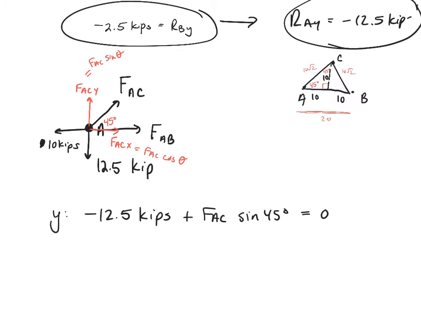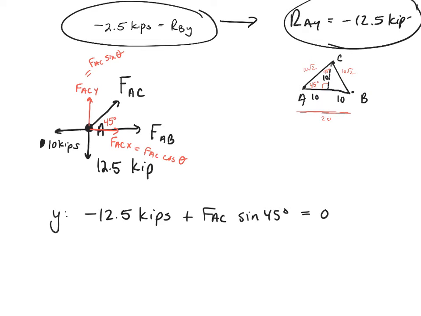And that's in equilibrium, so it's got to equal 0. That's my y equation. There's only one unknown. It's FAC. So it makes sense to start with the y direction because you can very easily solve in the y direction here. I could solve right now.